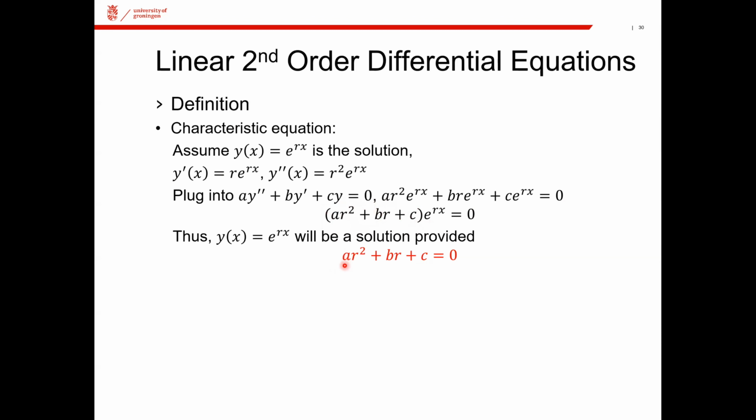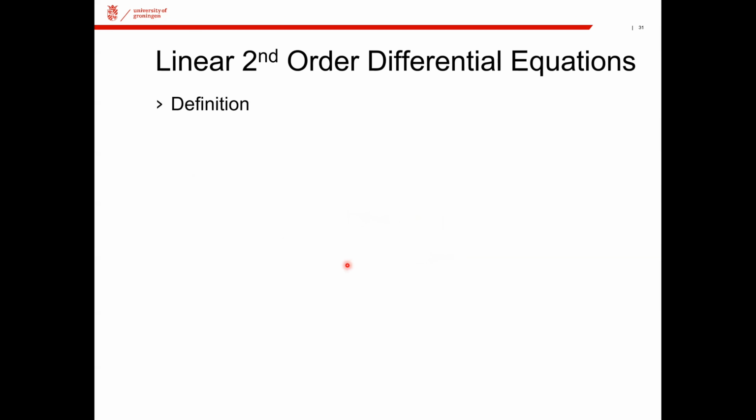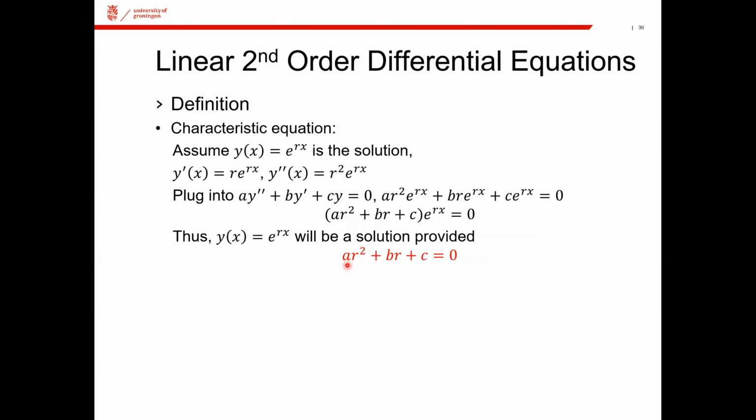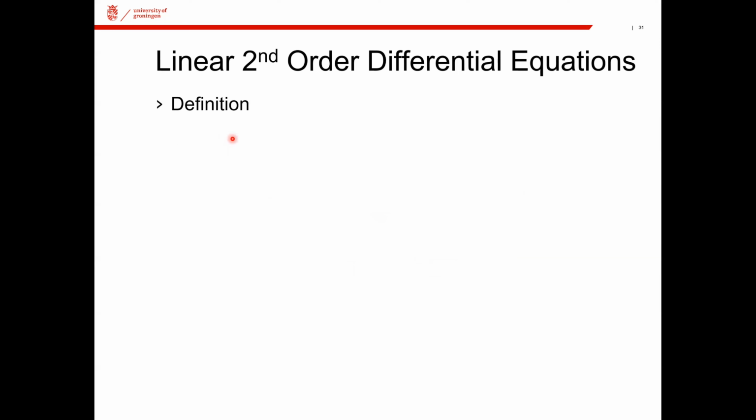So a times r squared plus br plus c is 0. And this equation is called the characteristic equation. And this equation is very important to solve the second order linear differential equations.